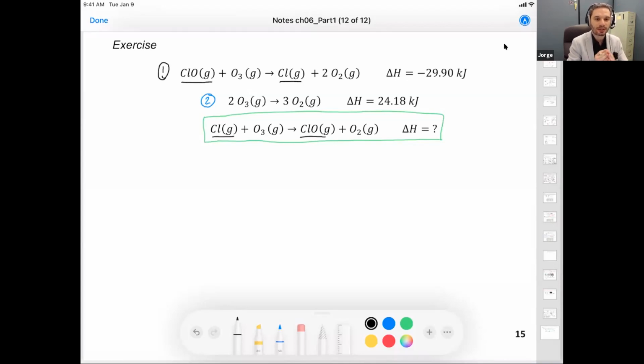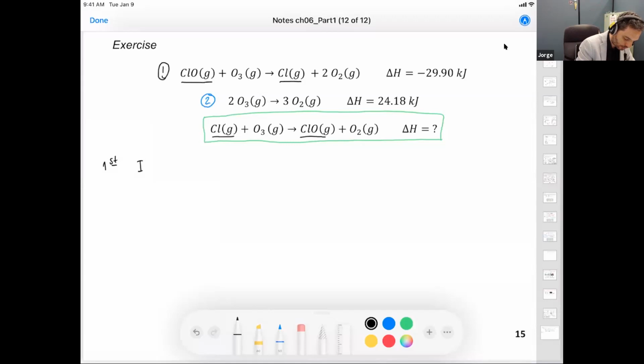So the first reaction has two things in common with our problem reaction. However, it is flipped, so we are going to have to fix that. The way to fix that is to invert the first reaction to achieve the same common characteristics as the problem reaction. So that's going to be our first step.